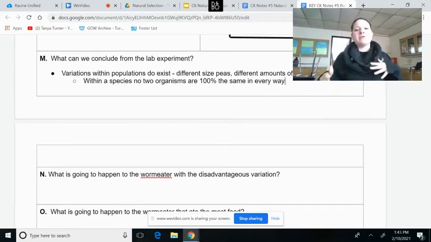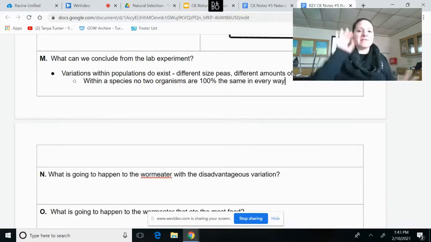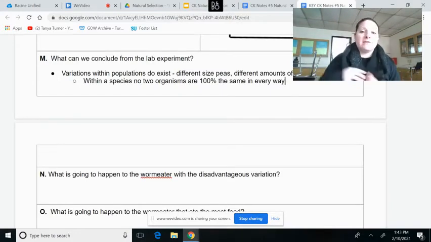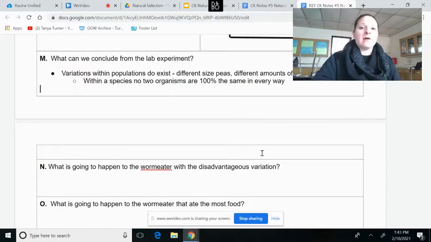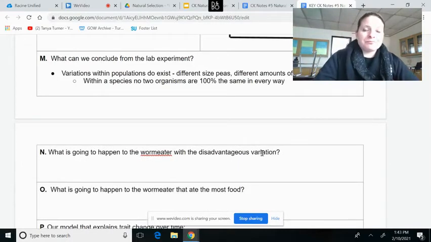We're obviously not talking about humans and twins, so just think about individuals on their own, and don't worry about the twin situation. We'll talk about that when we get to DNA and genetics, but for what we're doing right now, that is a good enough answer.